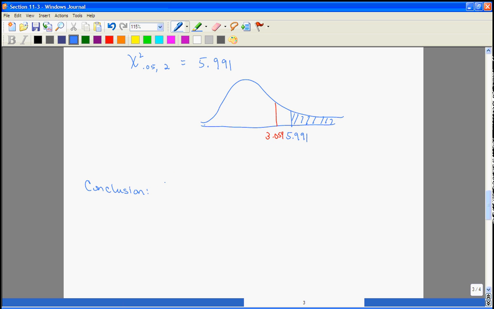So, for our conclusion, since we don't fall in the rejection region, we would fail to reject H naught. And remember, you always want to state this in terms of the context of the problem.